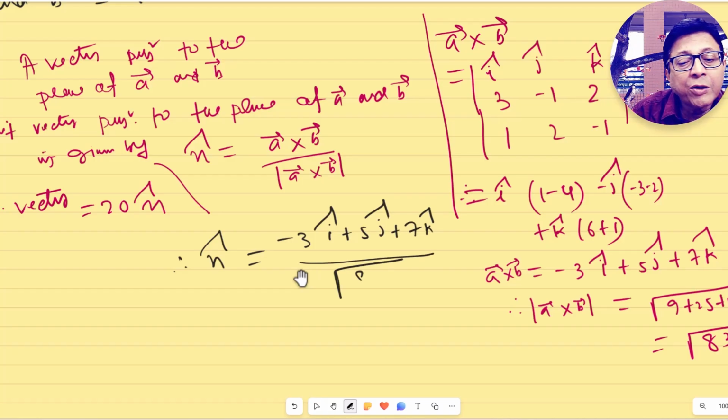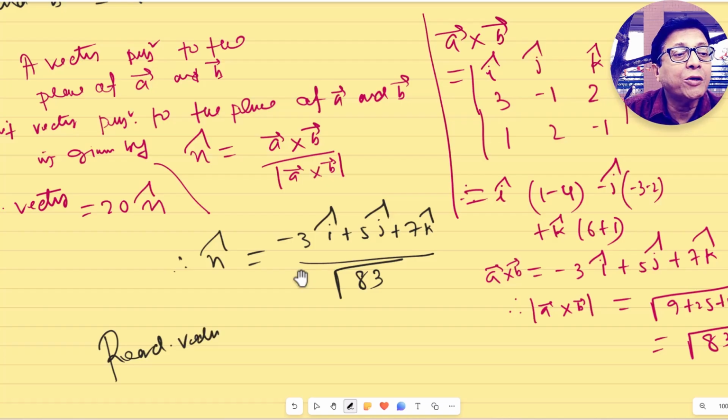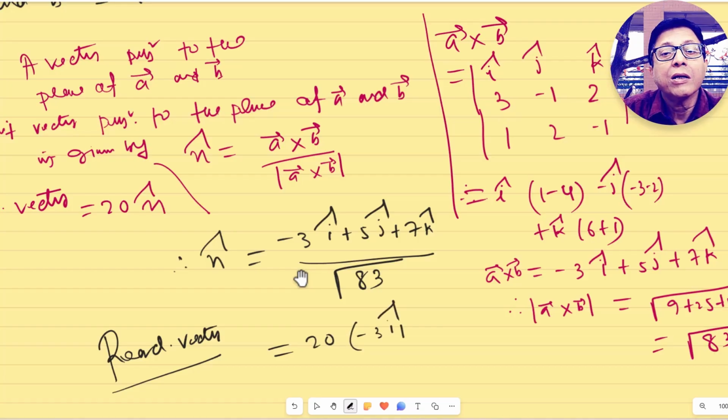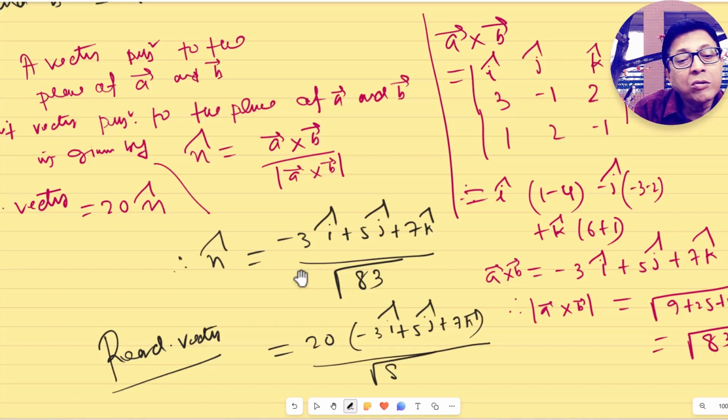So the required vector is going to be what? The answer: a vector of magnitude 20 units, perpendicular to the plane of A and B, and its magnitude is going to be 20 units. Okay, this is the question. You got n cap. How?